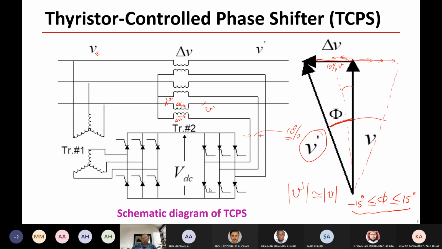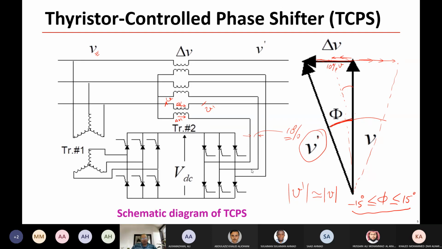This is the symbol of a thyristor, but you can go to advanced devices like IGBT or MOSFET. You have several advancements here. Such IGBTs using pulse width modulation or inversion can eliminate a lot of harmonics, especially low order harmonics. And in this case, you can have small-size filters here to eliminate the harmonics if they exist.